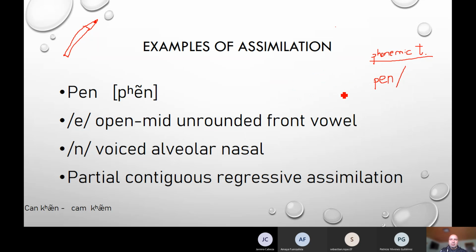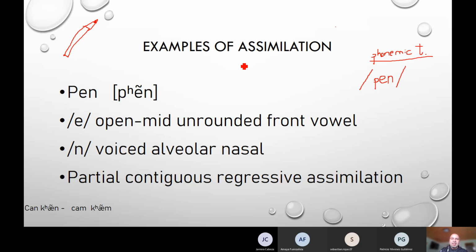Okay, so pen was transcribed like that using phonemic transcription, right? Phonemic transcription is very general. It doesn't provide any detail, right? So whenever we start learning how to transcribe a text, we use phonemic transcription.